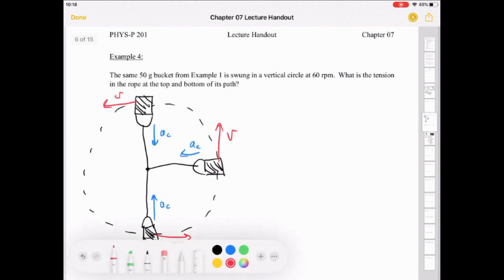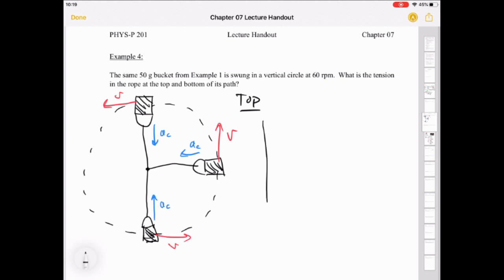So let's consider the top first. For the top, we could draw a free body diagram for this. So there's my y direction, and there are two forces here, right? There's tension, which acts downward, and there is weight, which also acts downward.